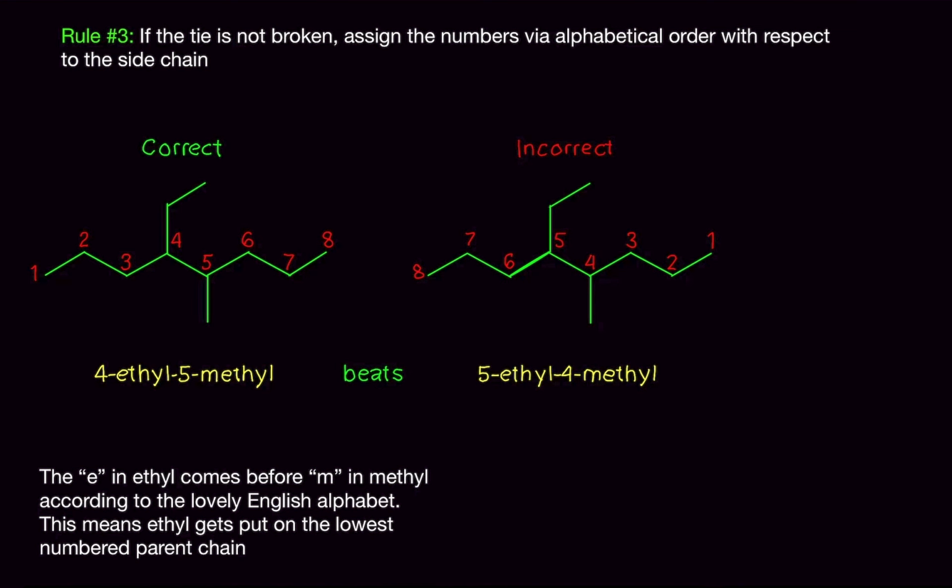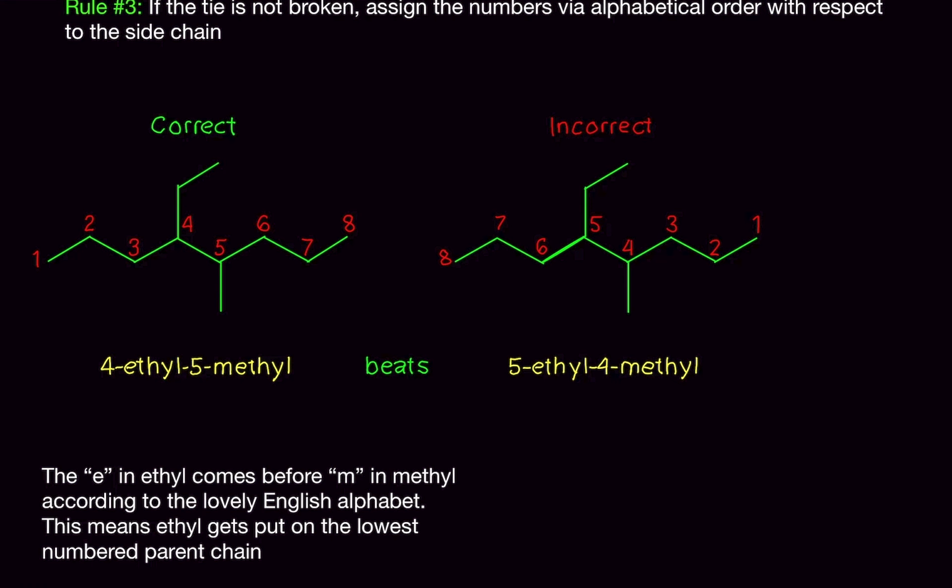Rule number 3. If the tie is not broken, assign the numbers via alphabetical order with respect to the side chain. In other words, you need to number the carbons so the lowest number goes with the first in the alphabet. For example, we have a methyl group and an ethyl group.